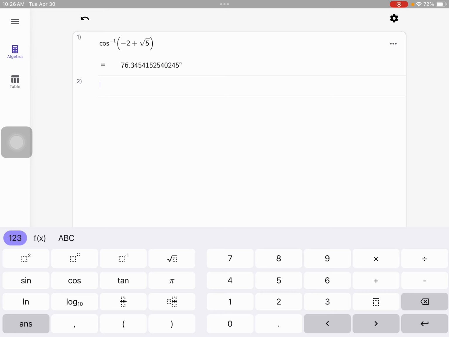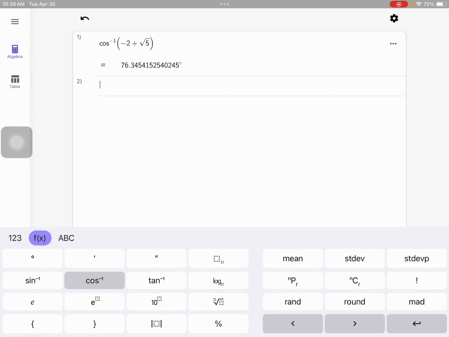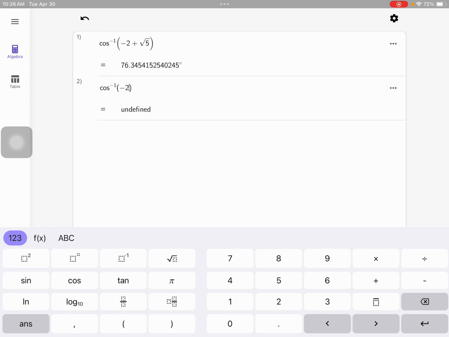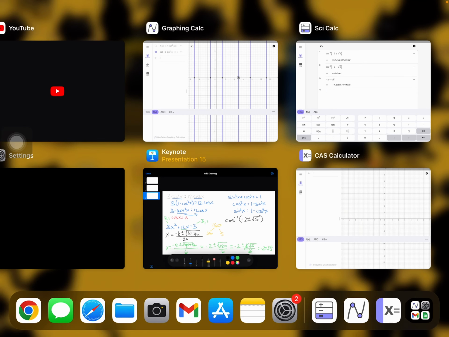Now let's try the same thing, inverse cosine, negative 2 minus the square root of 5, undefined. Yeah, and that's going to be because, let's look at that value, negative 2 minus the square root of 5 is negative 4.23.